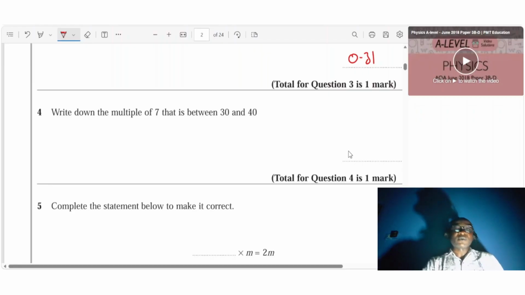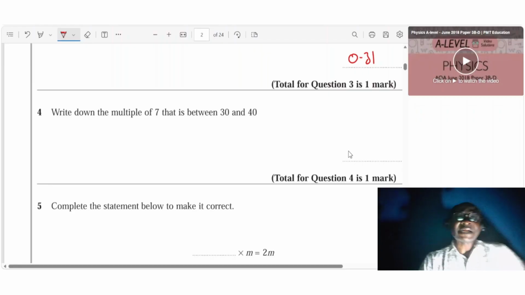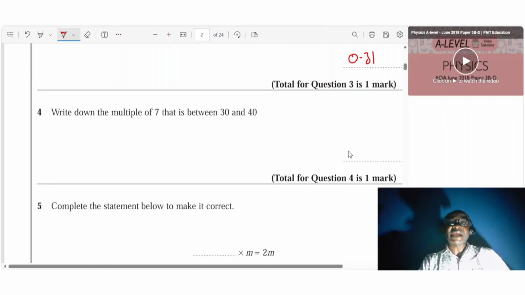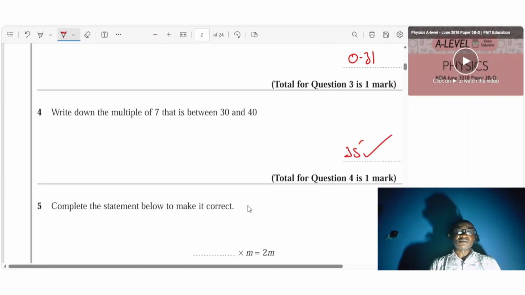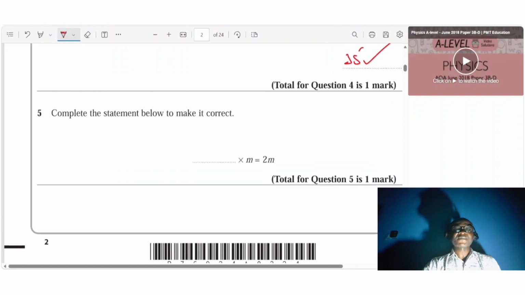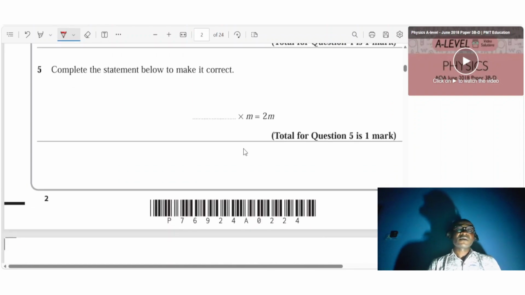They say multiples of 7 that must be between 30 and 40. 35 is correct. That is the only one. Okay, what do you think about number 5? What can make it equal to 2m? 2 is correct. Then number 6.